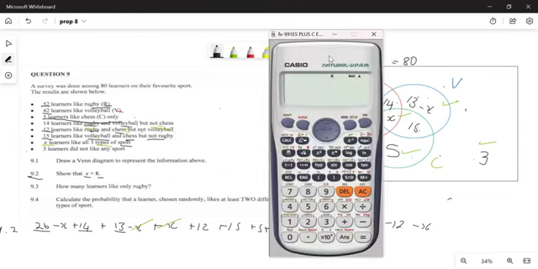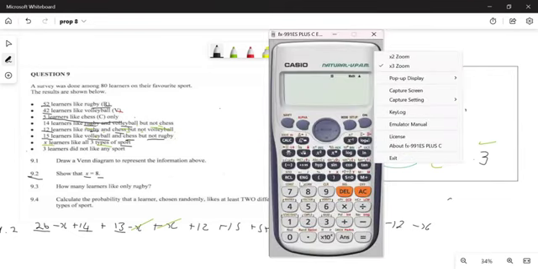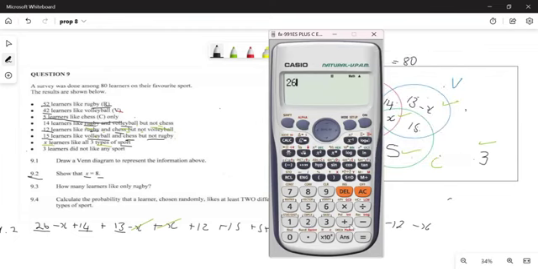Okay, let's try that. Let's do it. So we have 26 again, plus 14, plus 13, plus 12, plus 15.